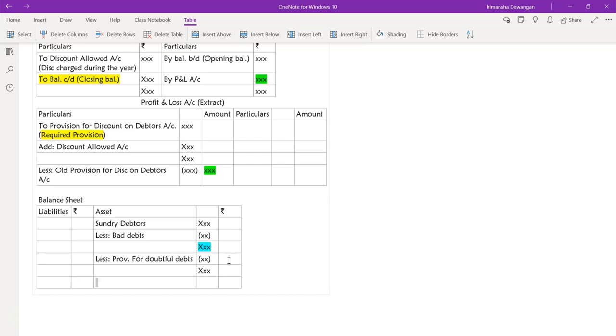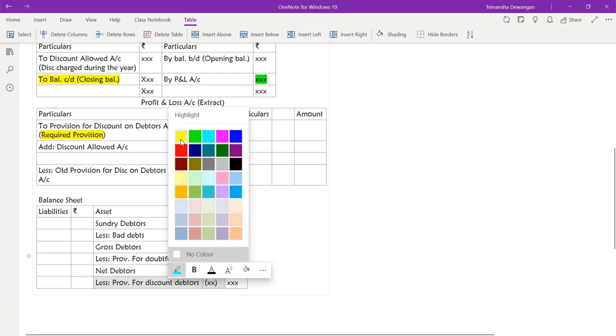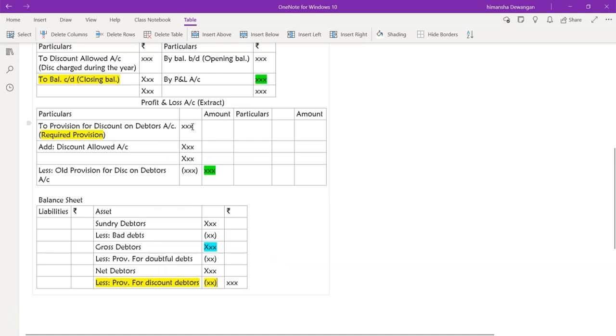Then this is our net debtors. And now I'm going to do less provision for discount on debtors. This is the final amount that is going to be recorded. So this closing balance, put it under yellow. These three yellows, they are the same.